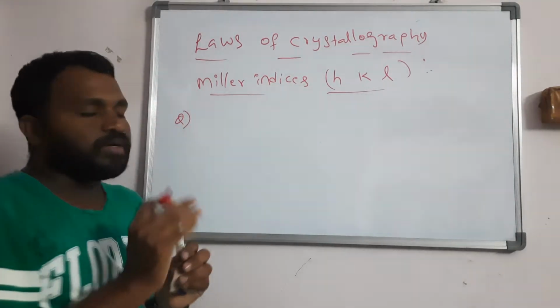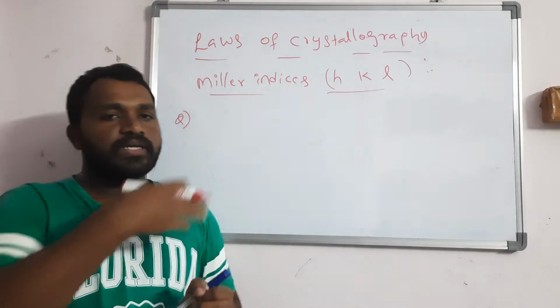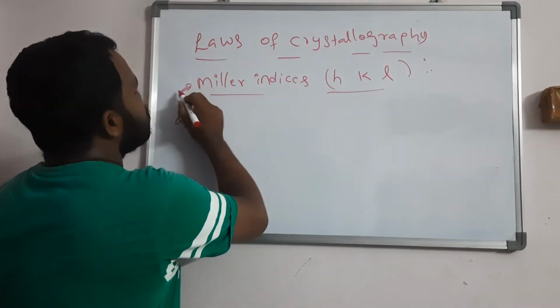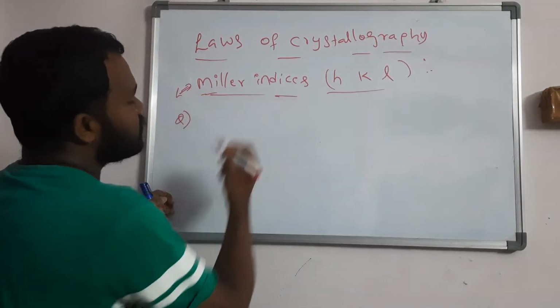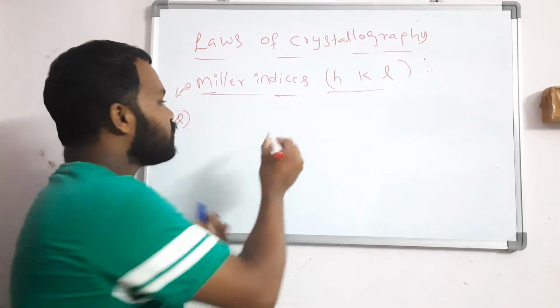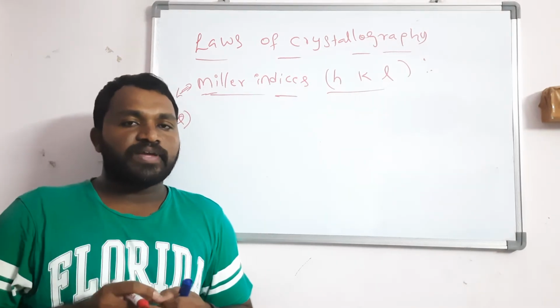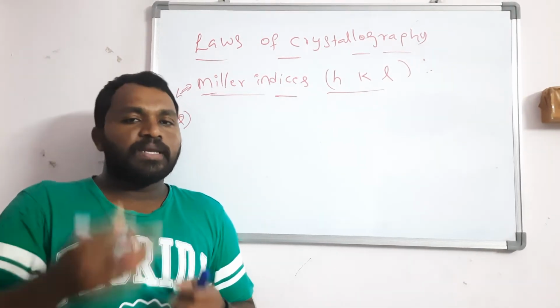First I am going to discuss the question. If you know the question, then you can solve how to find the Miller indices of planes. A crystal plane has intercepts at A, 2B and 3C along the crystallographic axis. What are the Miller indices?